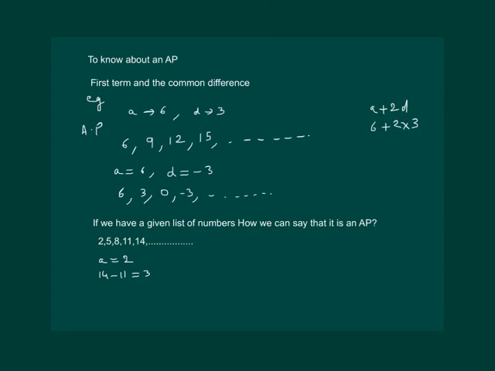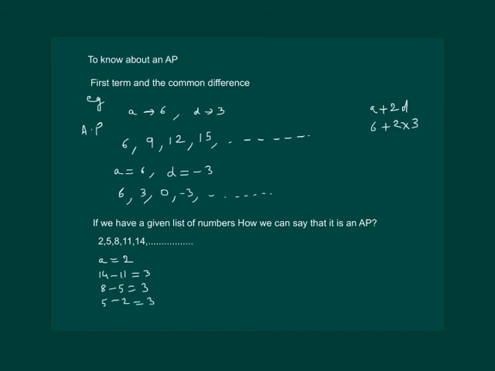Let us check if it comes out to be the same for other successive numbers. Say we take 5 and 8, then 8 minus 5 is 3. Also 5 minus 2 is equal to 3.